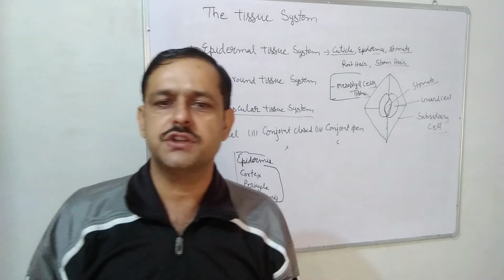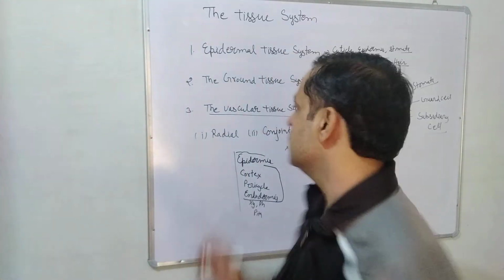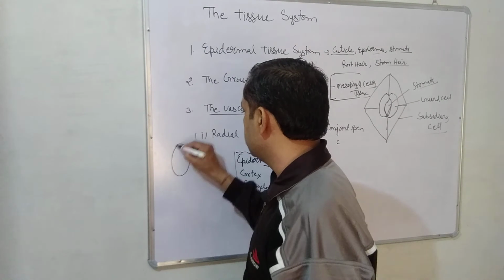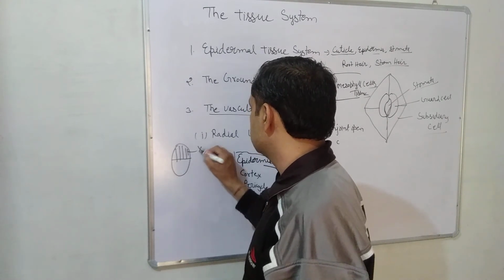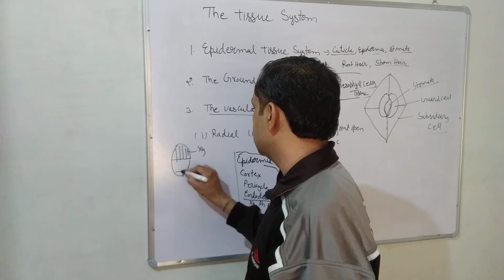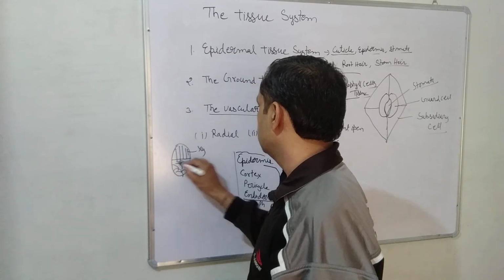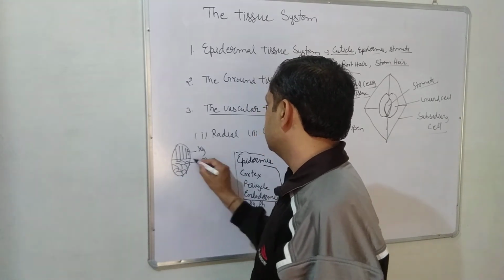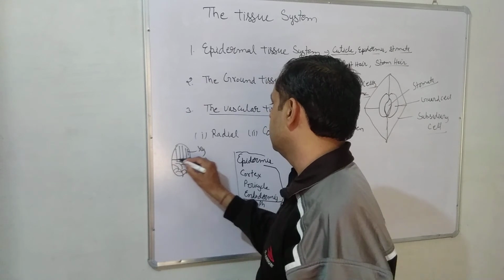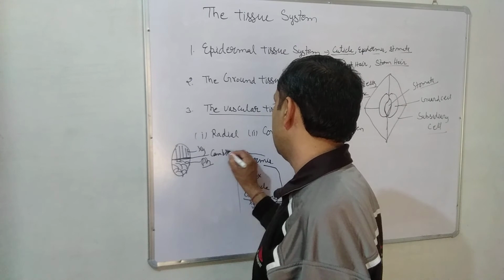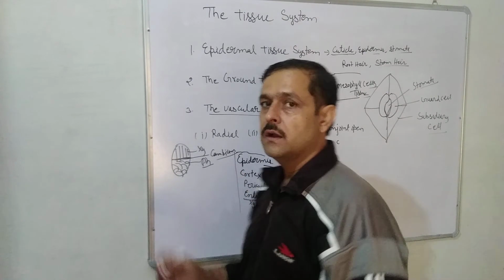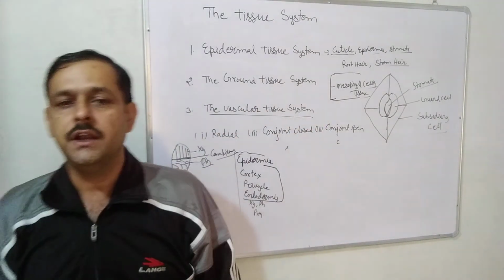In the dicotyledon stem, cambium is present, which is the structure that separates xylem and phloem. This is called xylem, and this structure is called phloem. They are separated by a structure called cambium, and cambium helps in making secondary tissue.